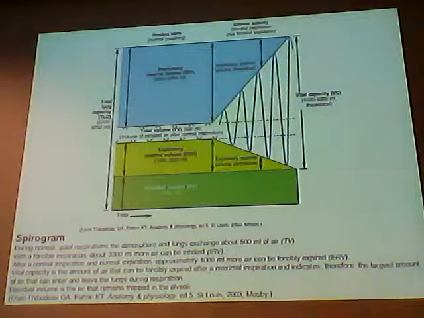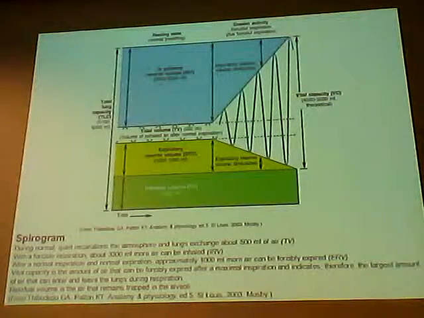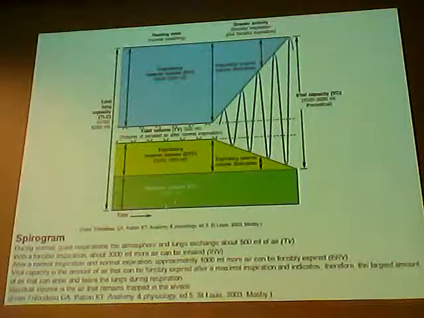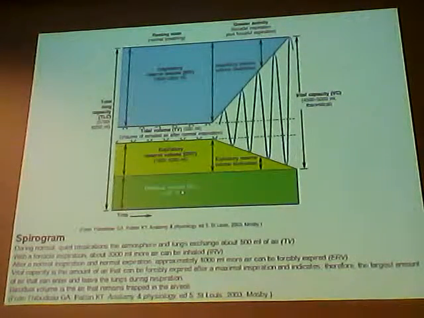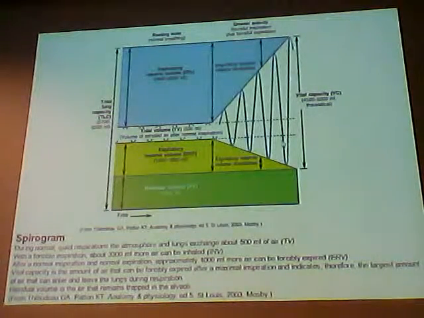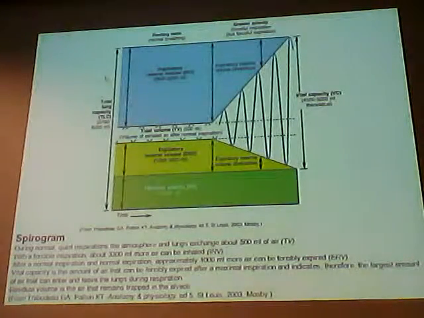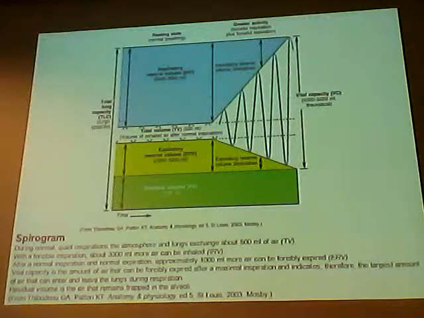And the reason why that's important is if you look at this kind of graph, it'll divide everything up. So like how much you could possibly inspire, how much you could possibly expire, how much is always left in the lungs. Forced vital capacity is almost everything added together. Total lung capacity is how much volume, like the total.